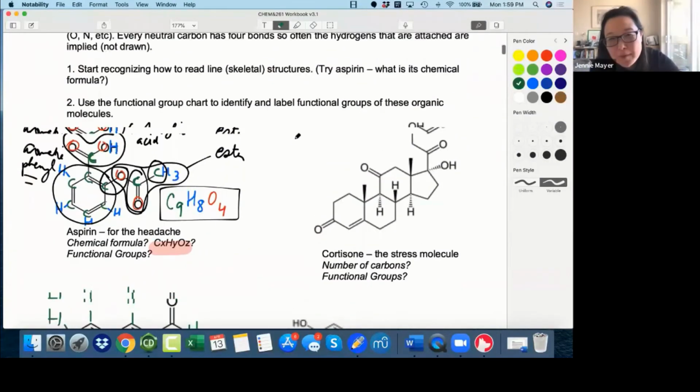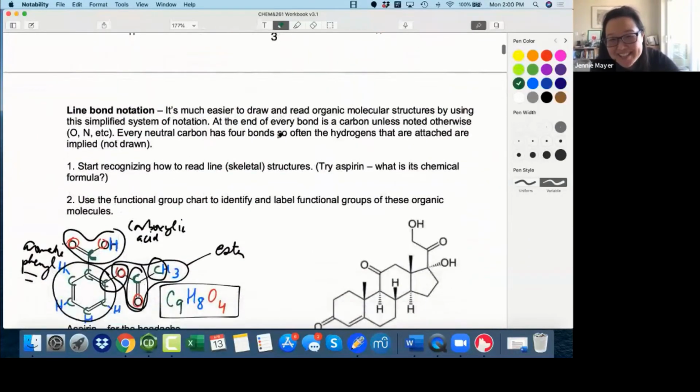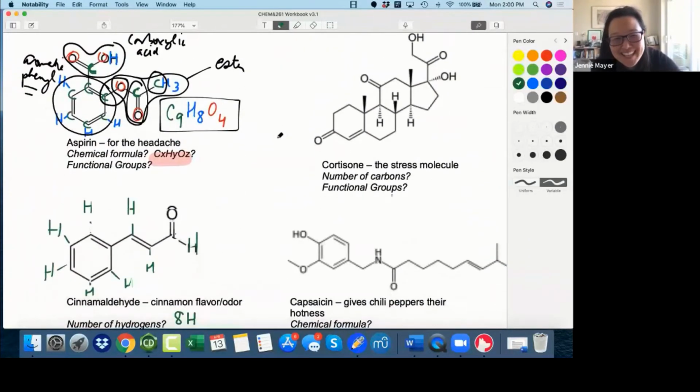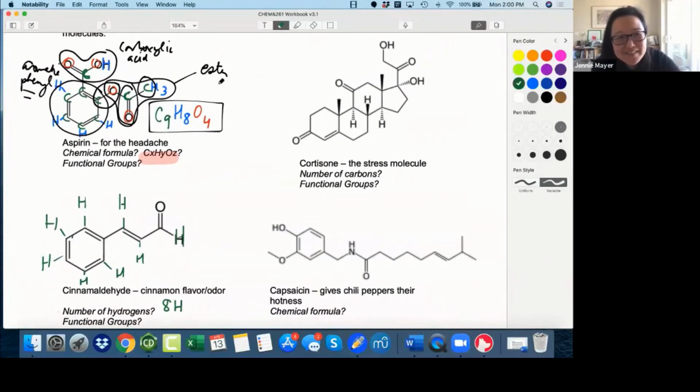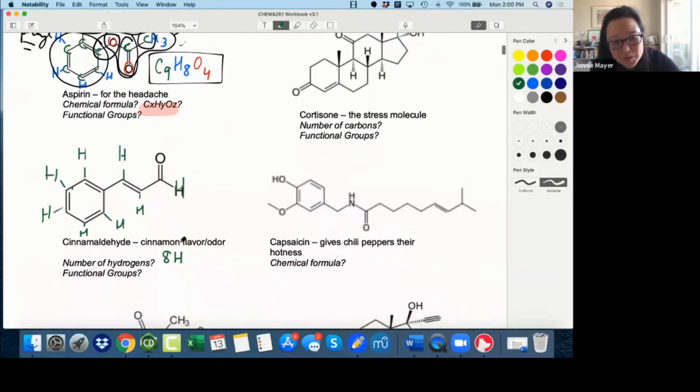Anytime you have an ether, but it's got a carbonyl group on one of those carbons, it's called an ester. Ether and ester have similar letters in their name, so I would just call it ester, not ether. Carboxylic acid, not alcohol. And a phenyl group or an aromatic group, benzene, arene, any of those work.